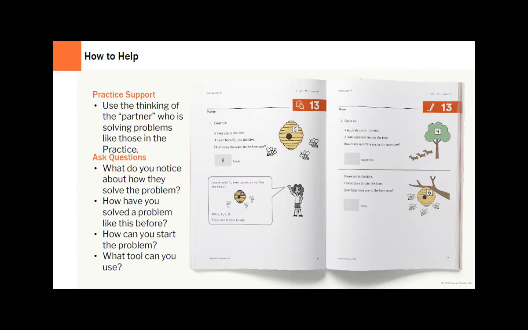You can see from this example, like part to whole. In this example, they have 5 bees already in the hive, and then 3 coming, and they're really working with students to do that count on. So counting on from 5. And so those are some of the activities that you might see in those family worksheets at home.